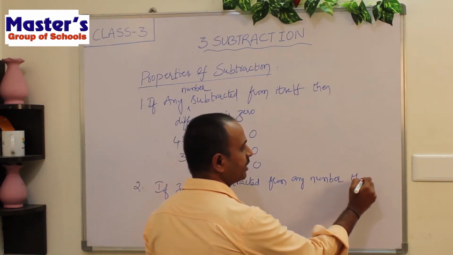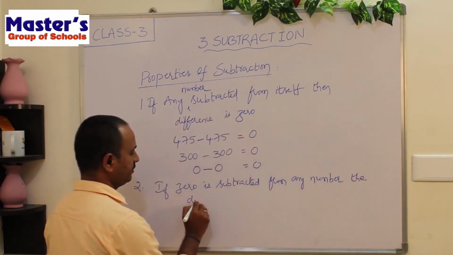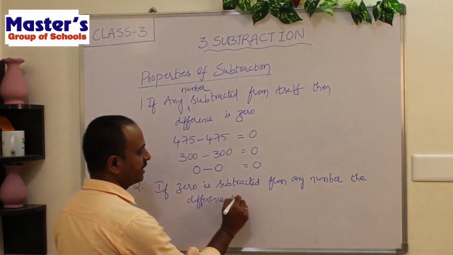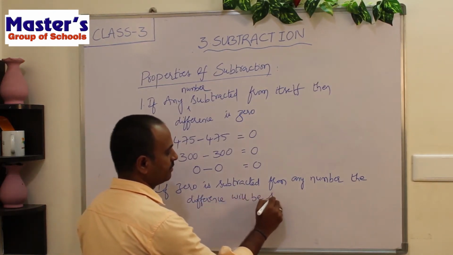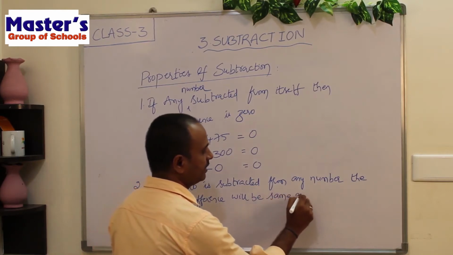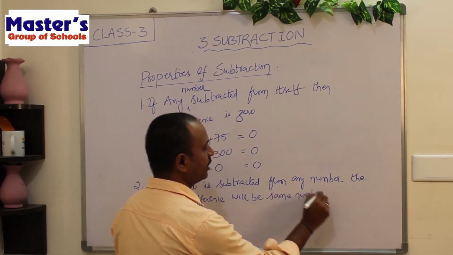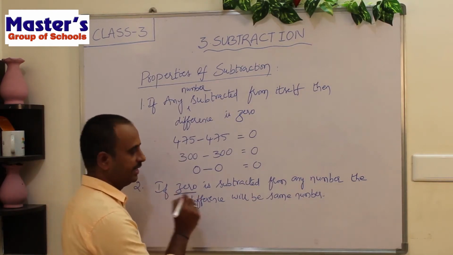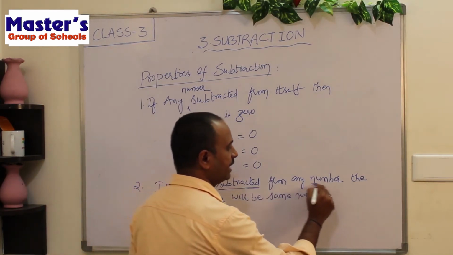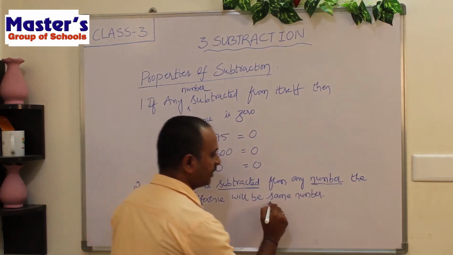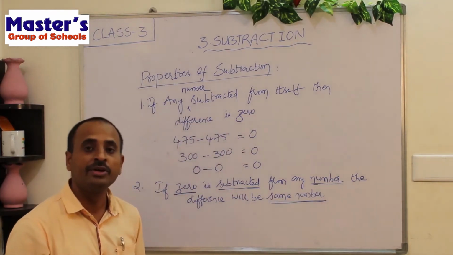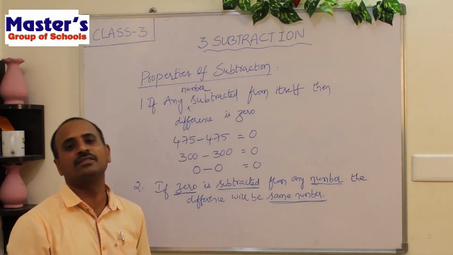The difference becomes the same number. So children, this is the second property of subtraction. If 0 is subtracted from any number, the difference will be the same number, and we will get the same number as the answer.